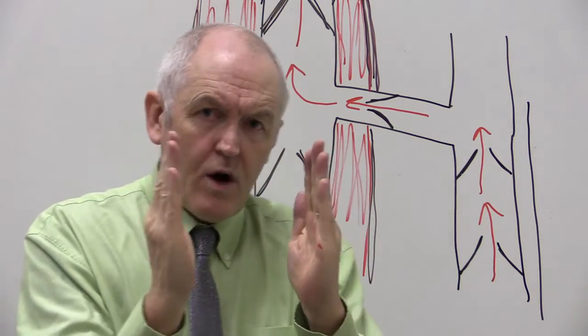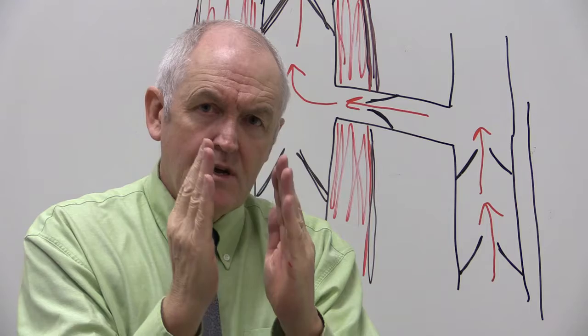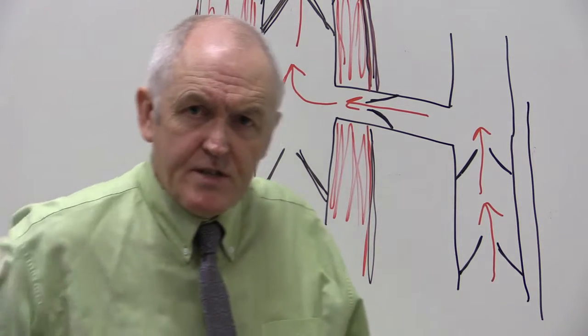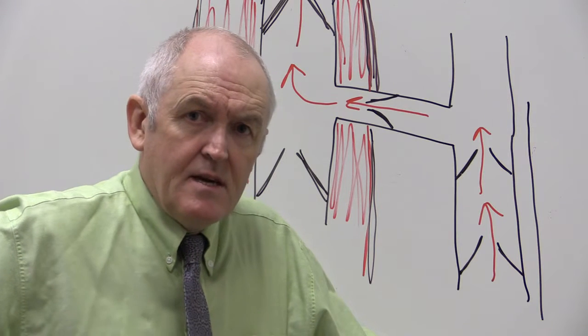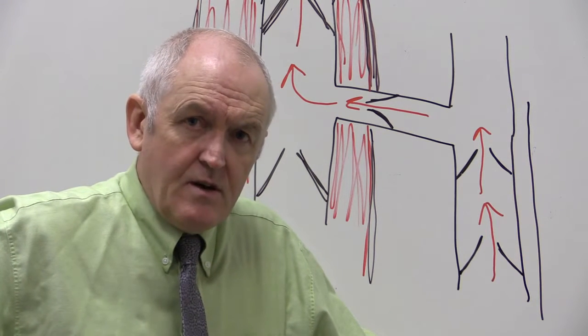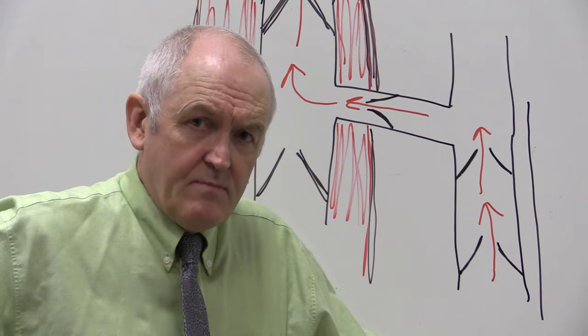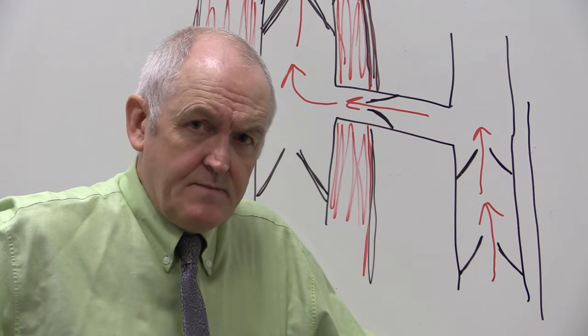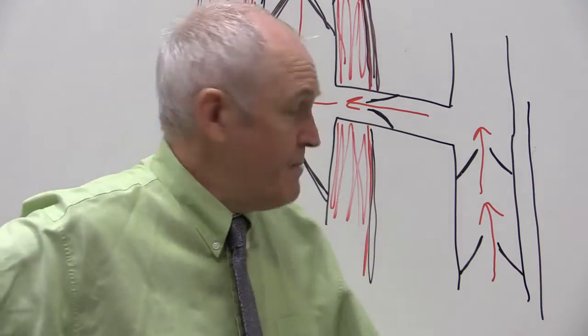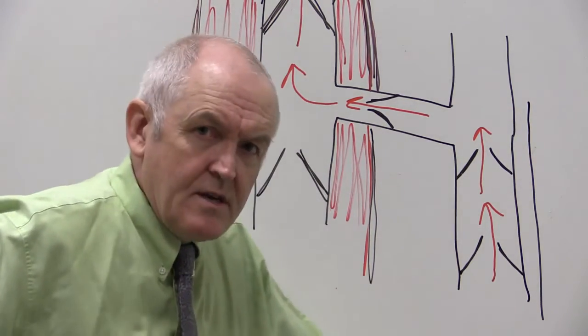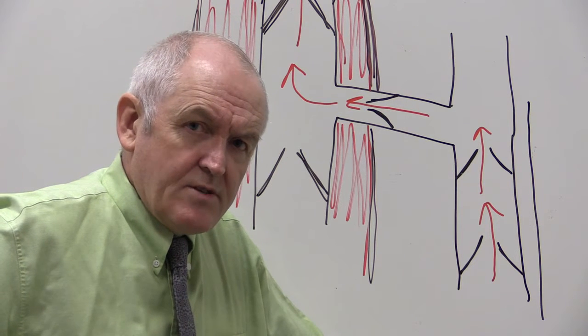So that will somewhat impose onto the veins. So we're going to get some alterations in the blood pressure in the veins because of the pulsation of adjacent arteries. That will provide some venous return. But by far and away the main mechanism is the contraction of the skeletal muscles.